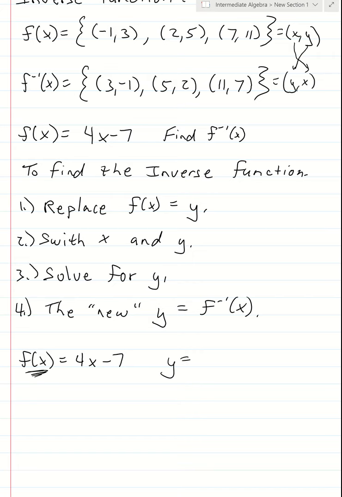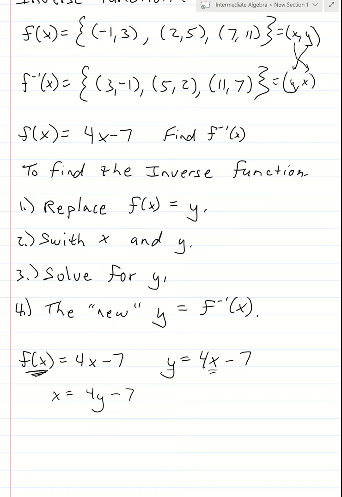So y is going to equal 4x - 7. Okay? Step 2, we want to take the variables x and y and we want to switch them around. So wherever we see a y, we're going to put x, and wherever I see an x, I'm going to put a y. In which case now I'm going to have x equals 4y - 7.